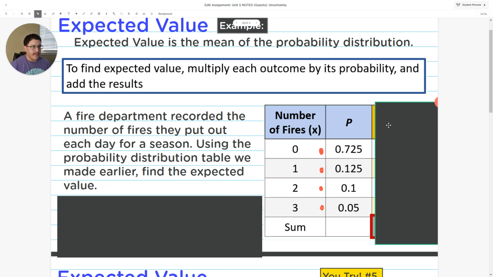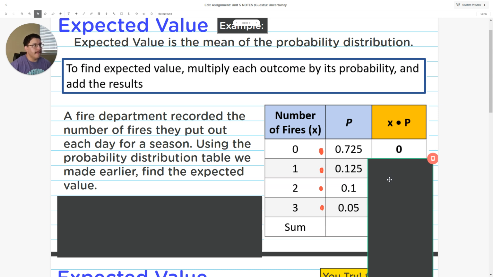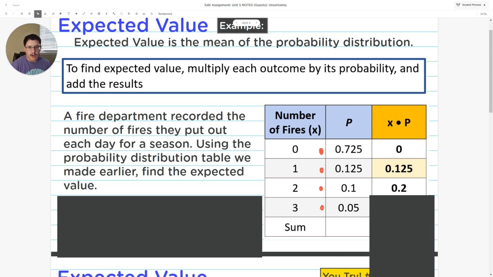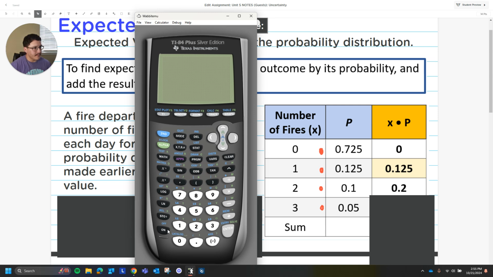0 times 0.725 is 0. 1 times 0.125, 0.125. 2 times 0.1, I believe is 0.02 or 0.2. There we go. 3 times 0.05, 0.15.